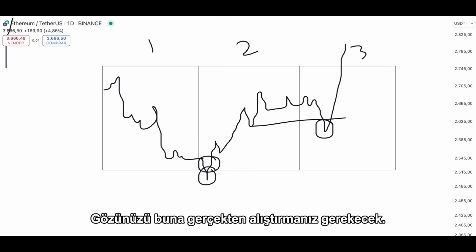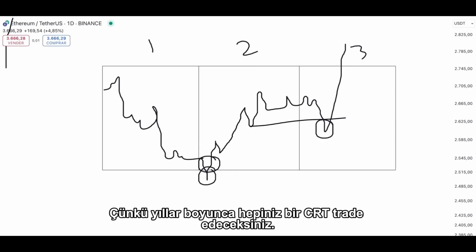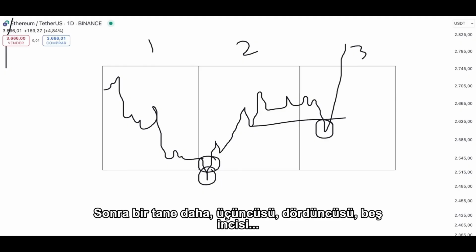Right, and it's something you are going to really get your eyes used to. Because along the years, all of you, you're going to trade one CRT, and then another one, and a third one, and a fourth one, and a fifth one, right?